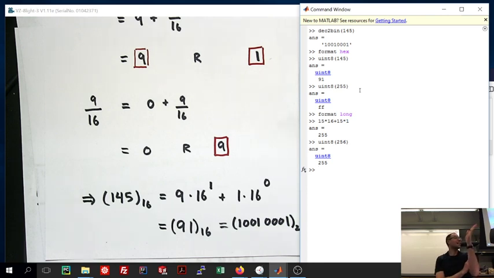It maxes out that data class, and I can tell that that's overflow because if I did des to bin 256, how many bits do I actually need? 9. Because I need a power of 2 to the 8, right? But that's not what FF represents. Welcome to numerical computation. Check this out. This is why I want you to understand what the hell is happening underneath, because if you don't understand this, you will not understand this line of code.